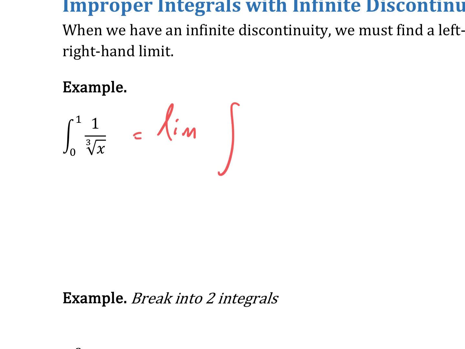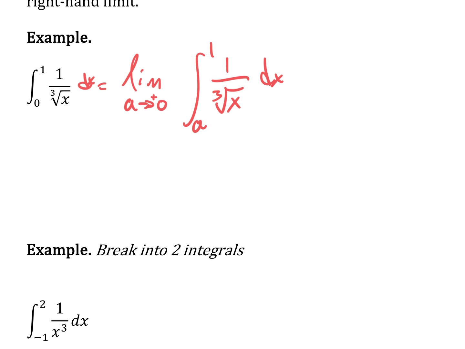We're going to make this integral from a to 1 because we can't actually evaluate it at 0, but we can see what happens when we get close to it. And we need a dx there. So as a goes to 0, and specifically it's going to 0 from the right, that's what we're looking at.